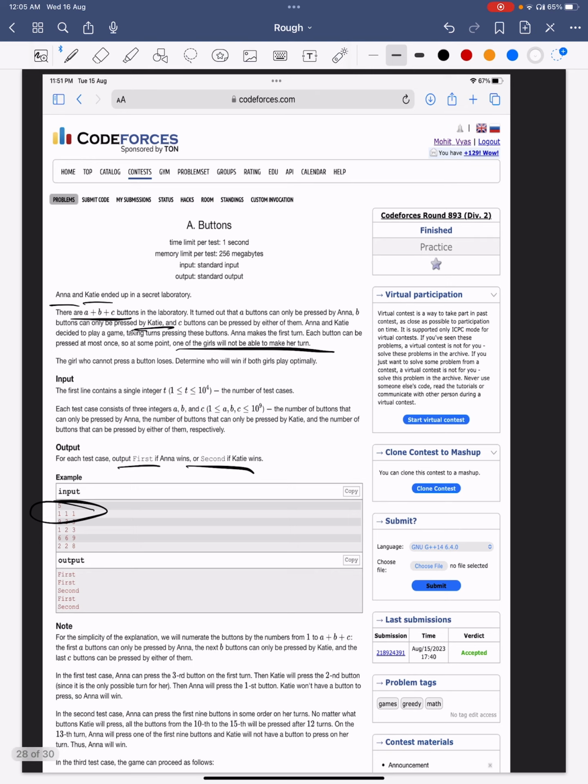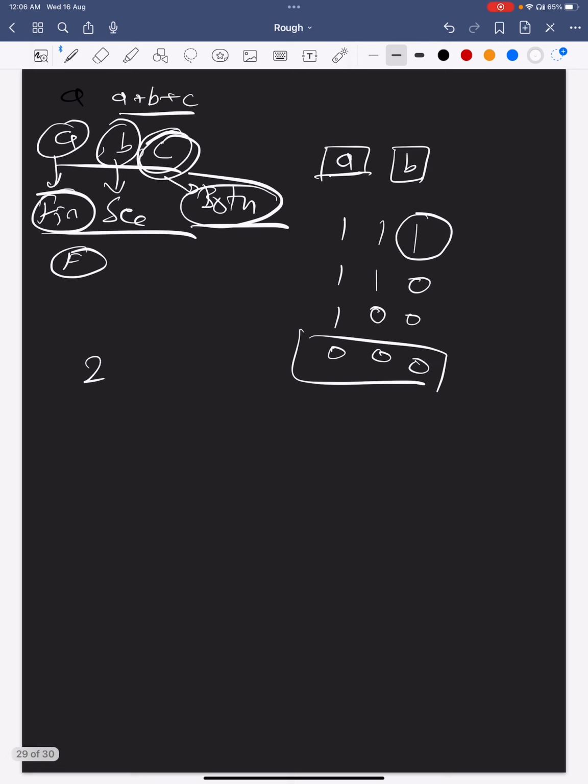Now we'll take the case 2 2 8. Again both girls will try to finish C, which can be finished in four moves each. In the first move, C becomes 7. Then the second girl presses, and it becomes 6. Then the first girl presses, and it becomes 5, and so on.